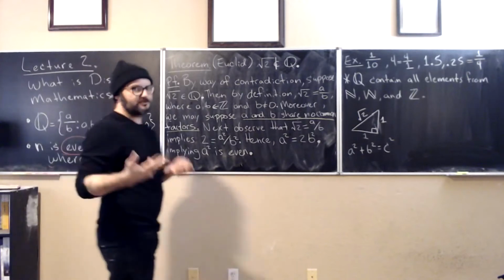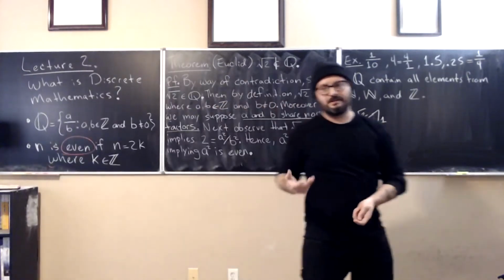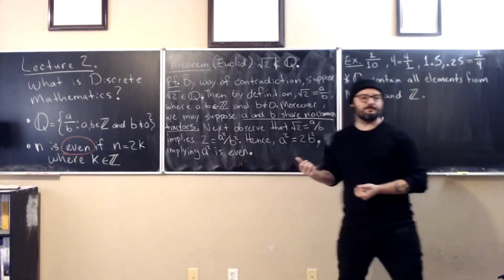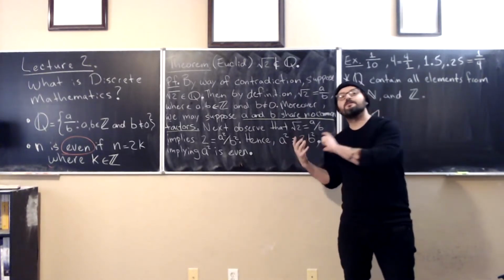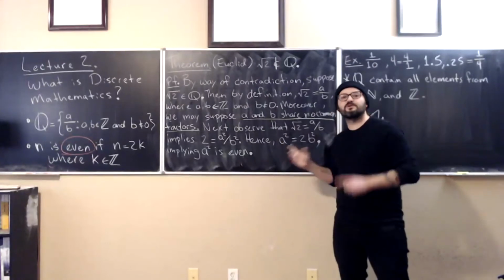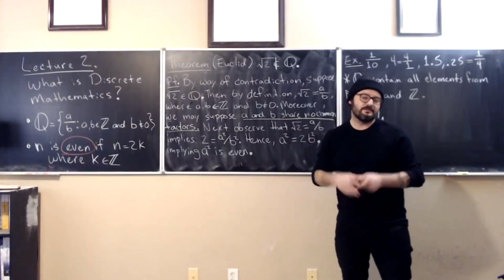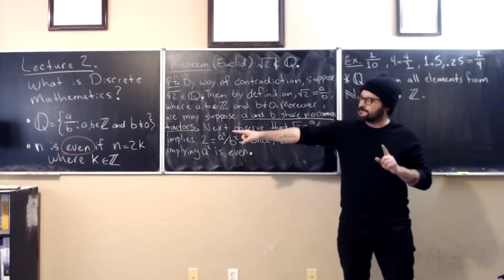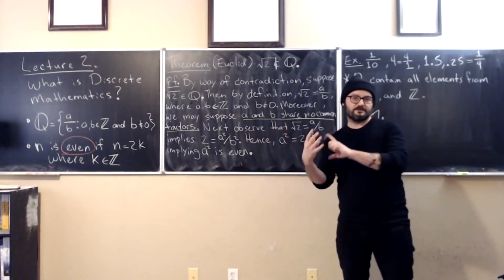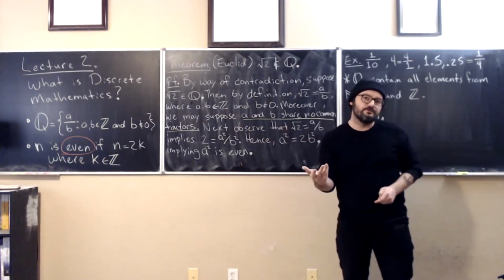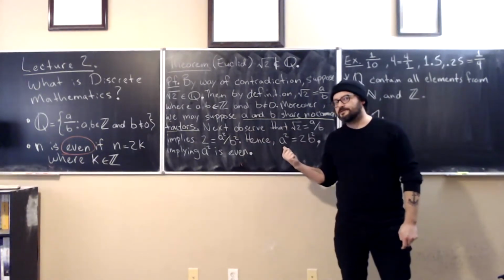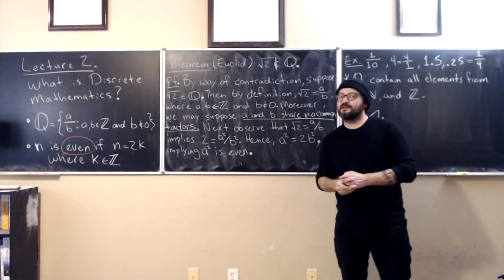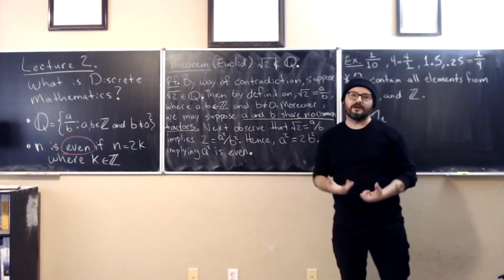Now here's the slight jump, and we'll actually prove this maybe next week or the week after. If a number squared is even, then the original number must also be even. Now think about that. Definition of being even means that you're twice an integer, right? You have a factor of 2. So if the square has a factor of 2, it must be the case that the original number had a factor of 2.